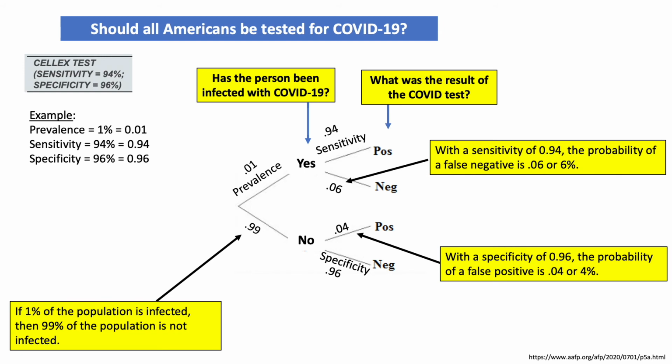And if the specificity is 96%, that is, if someone does not have the disease, the test will come back 96% of the time with a negative reading. That means it'll come back 4% with a positive reading, an incorrect positive reading. And so we refer to this as a false positive.